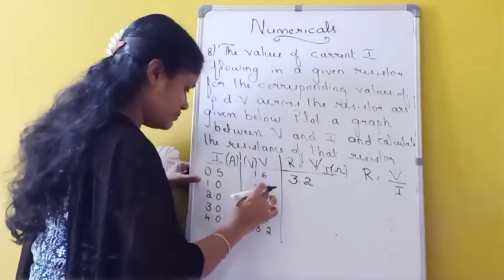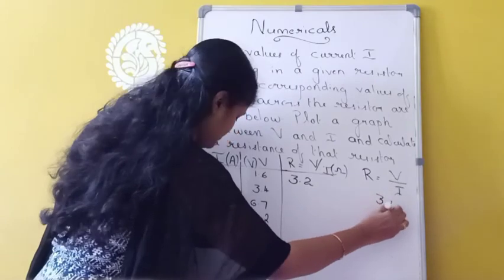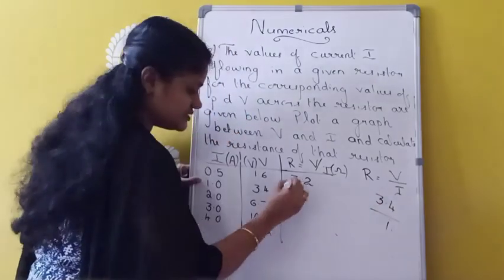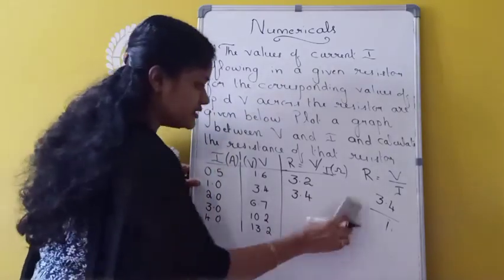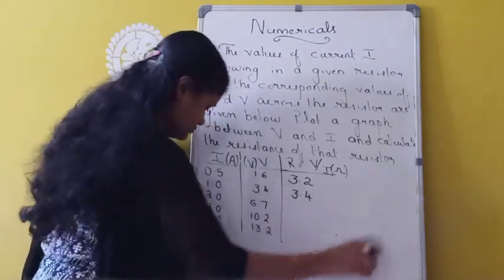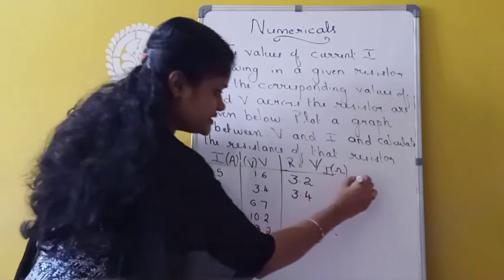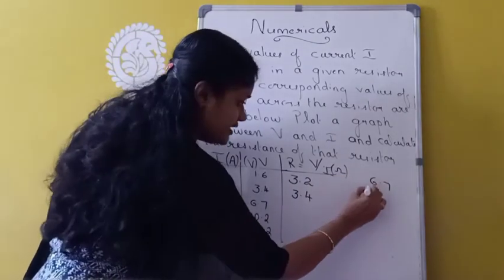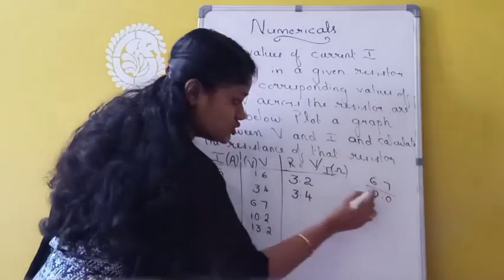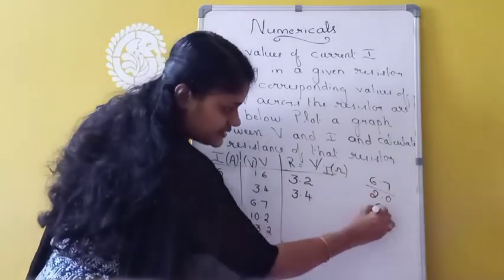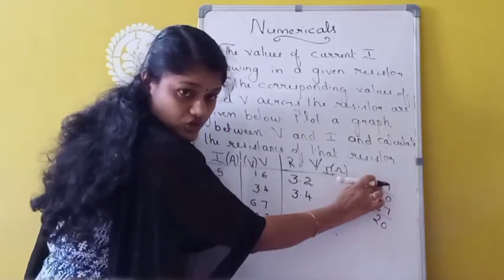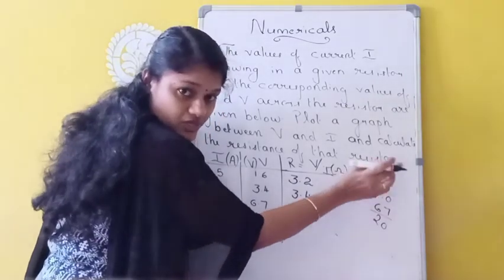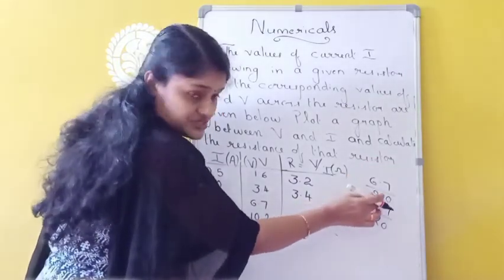So R equals V by I. So 3.4 divided by 1. That means what is the value? 3.4 itself. So second one is 3.4. Then again third one. So V is how much? 6.7 divided by 2.0. So I am removing the decimal. So you can write as 67 by 20. Because the numerator also has only one digit after the decimal, the denominator also has only one digit after the decimal.